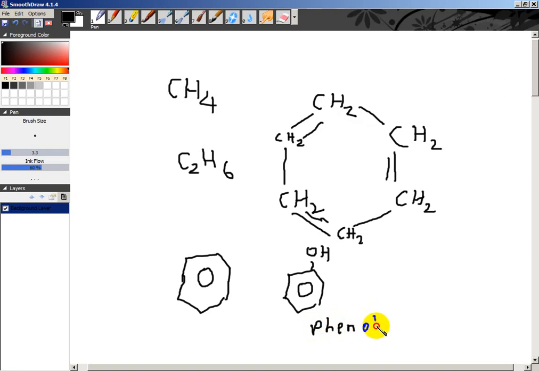This is the hydrocarbon and phenol is a derivative of the hydrocarbon. Like methane: if one hydrogen is replaced by an OH group, we get CH3OH. This is methanol, so methanol is a derivative of methane.